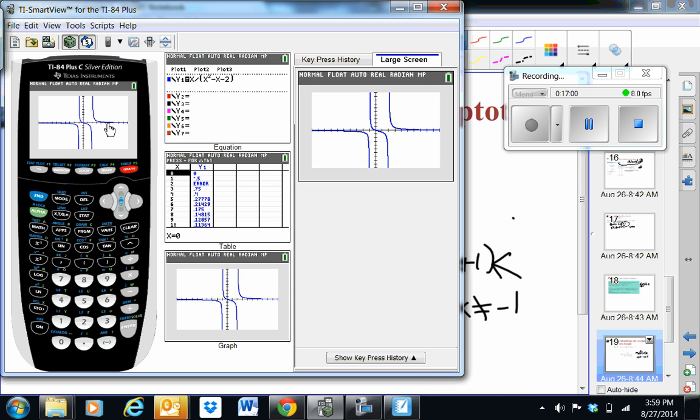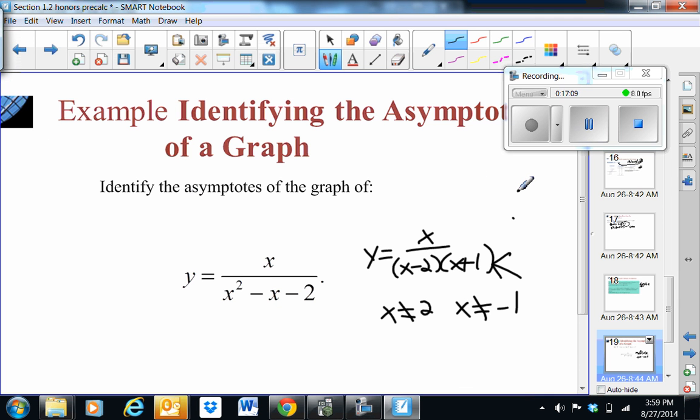And this function also has a horizontal asymptote where y equals 0. Let's look at why that is. Can y ever equal 0 in this case? No, it can't, because in order for y to equal 0, your denominator would, I take that back.